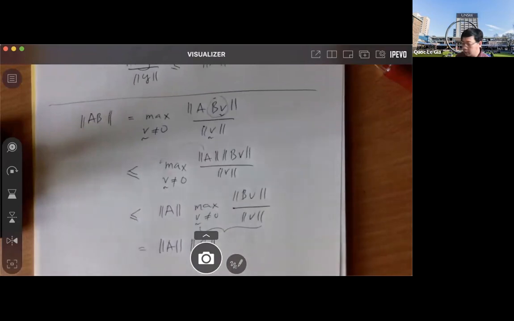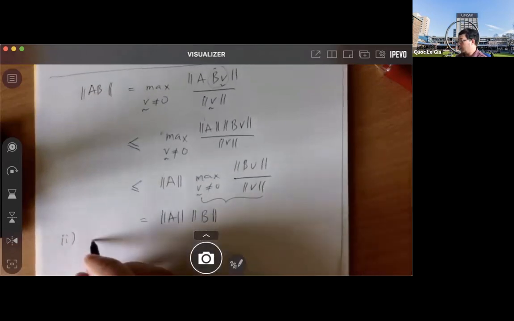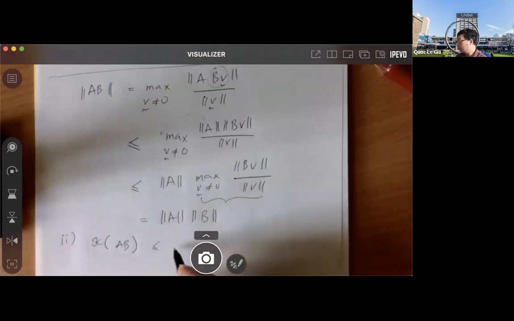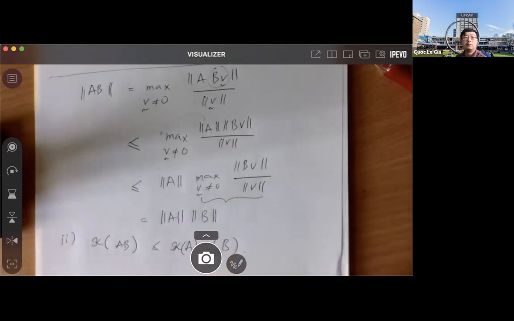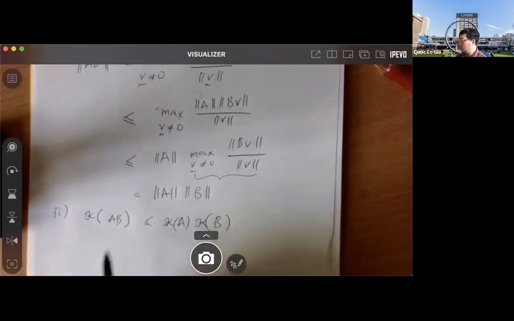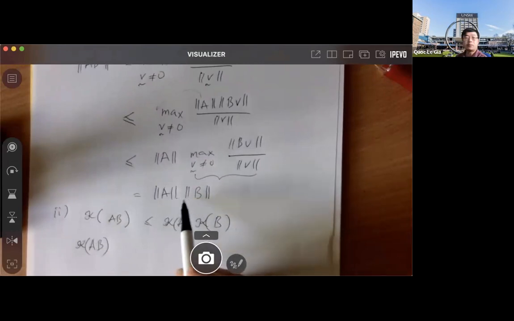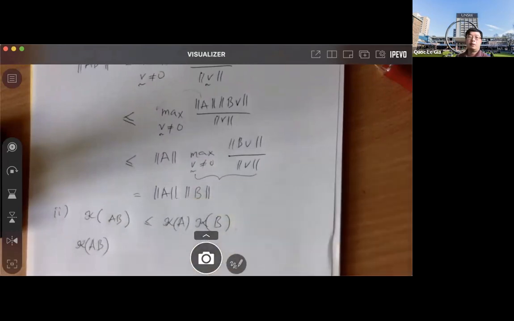Okay, so now the next step is I want to prove that the condition number of a product of two matrices is less than or equal to the product of the two condition numbers. And why is that? Well, if you take the definition, when we have no subscript on the norm, it means it's true for any norm. P could be infinity, could be 1, could be 2, 3, 4, 5, whatever.